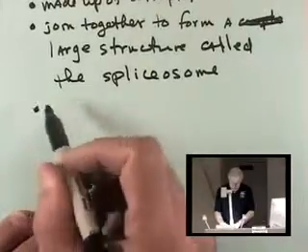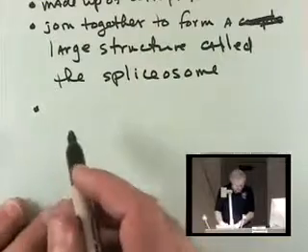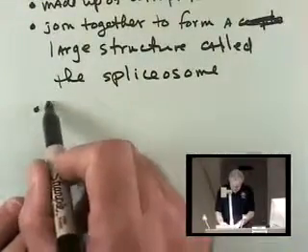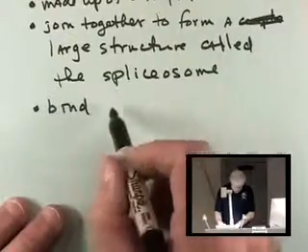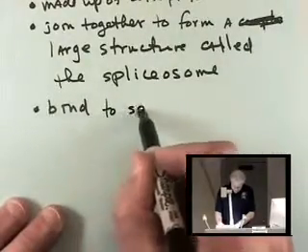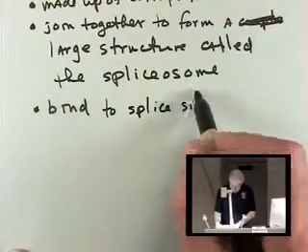And to bring about the splicing of one of the processes, obviously, is splicing of the RNA primary transcript, and the SNRNPs will bind to the splice sites at each end of the intron.